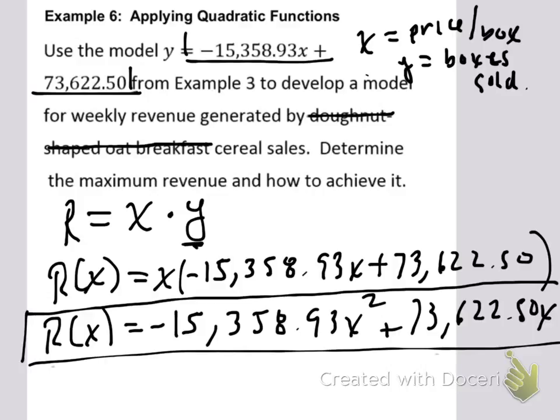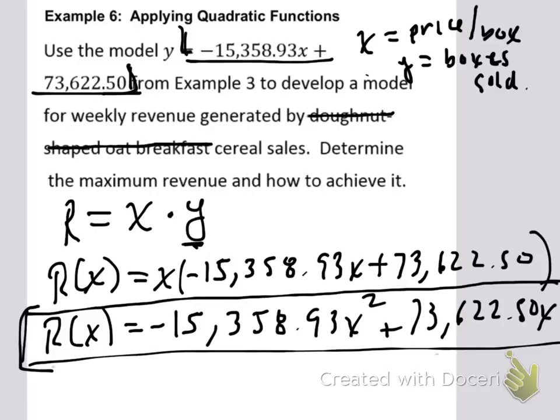Now, the next step is to determine the maximum revenue and how to achieve it. This is very important to all businesses, maximizing revenue. So this is a good problem here. So how are you going to maximize revenue if this is our model right here?